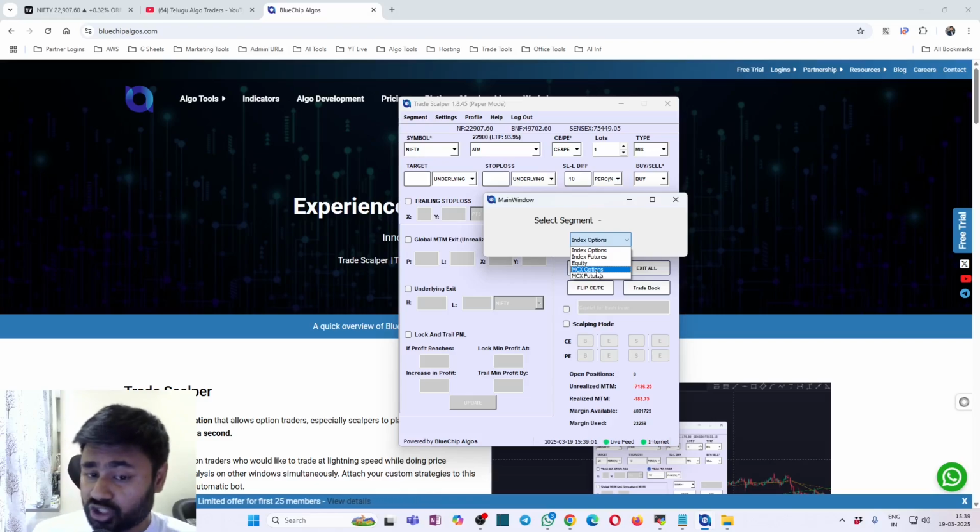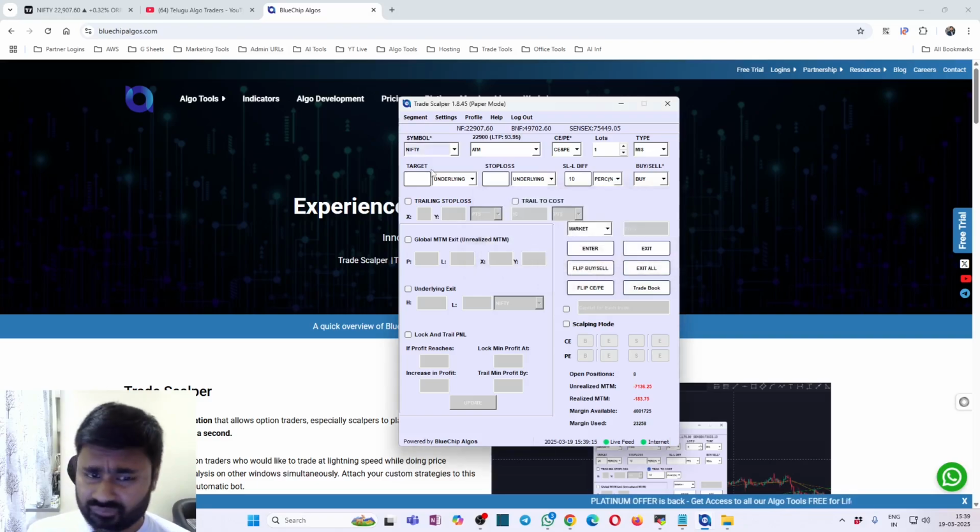And not just commodity options, we have given commodity futures, even equities also. If anybody wants to trade in equities, the cash market, you can do that, even index futures as well. Okay, but for demonstration purposes, I would be going with the index options. But feel free to check it out. You can trade in any segment now using this Trade Scalper. And then as you know, you just have to select the symbol.